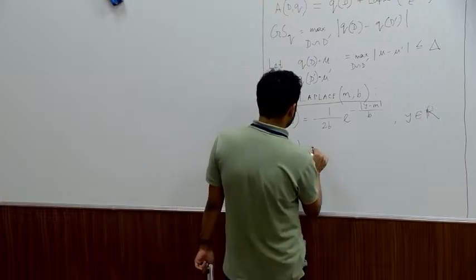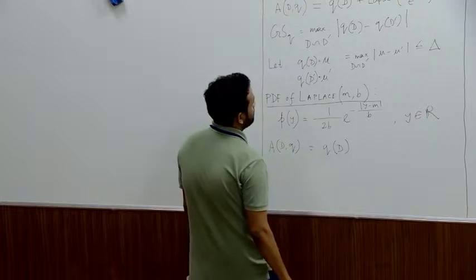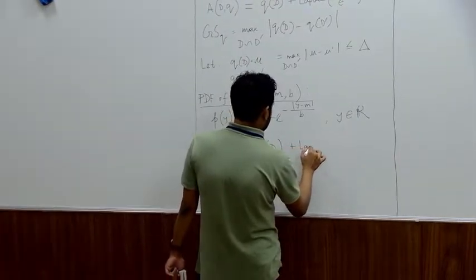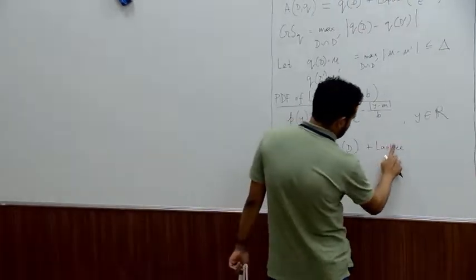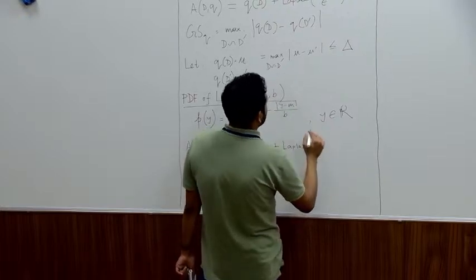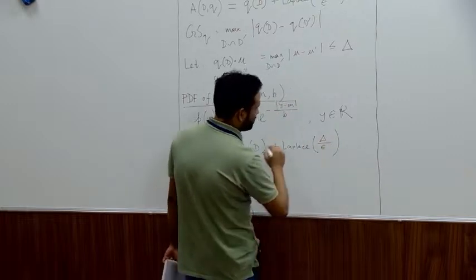So A_D of q is the true answer q of D plus Laplace noise with scale delta by epsilon, where delta is the upper bound on the global sensitivity.